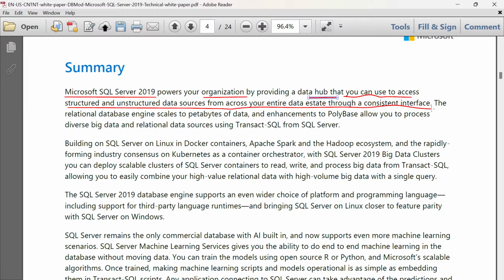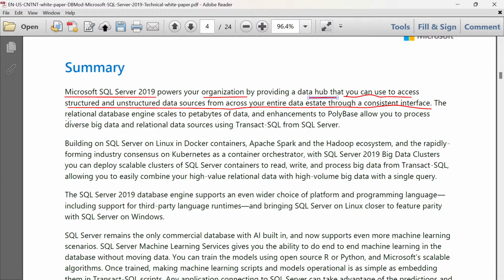Now here comes a term, consistent interface. What is a consistent interface? It will provide you the mechanism or the UI, the user interface, the front end from where we interact with the system. It may be an application, it may be a website. For query management, we have different types of query editors available. It depends upon the vendor how they are shipping their database systems.